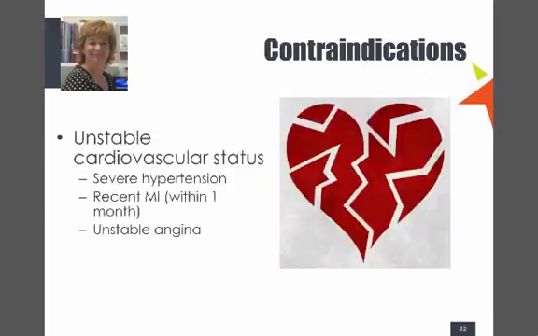Also, you don't want to do anyone who's been unstable cardiovascular-wise with severe hypertension. By that we mean sort of 120 on 200. You want to be sorting that out before you're doing anything realistically. Recent MI within a month, unstable angina. Obviously, getting someone to take a deep breath and really blow out, you might make changes within their vascular system, and you don't want to be aggravating any underlying diseases.